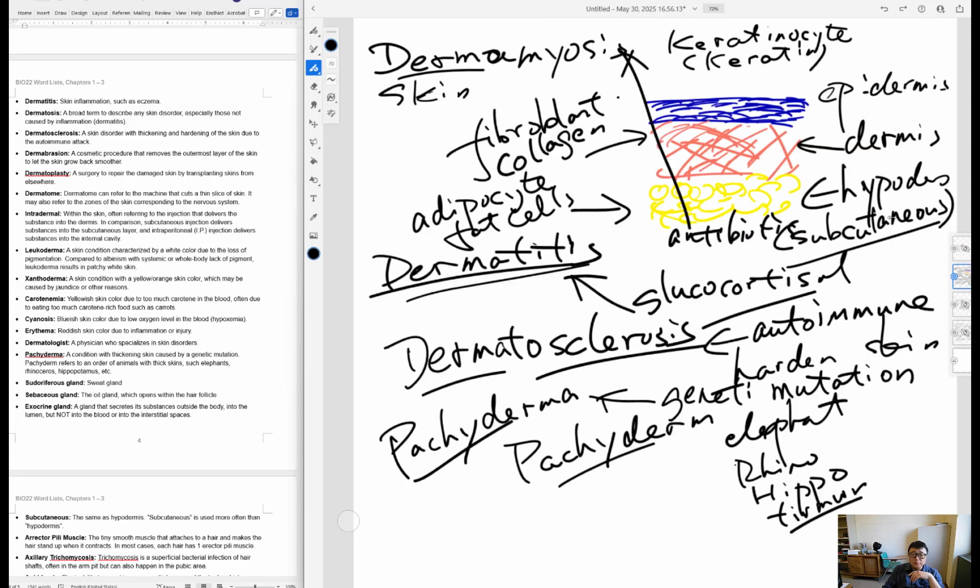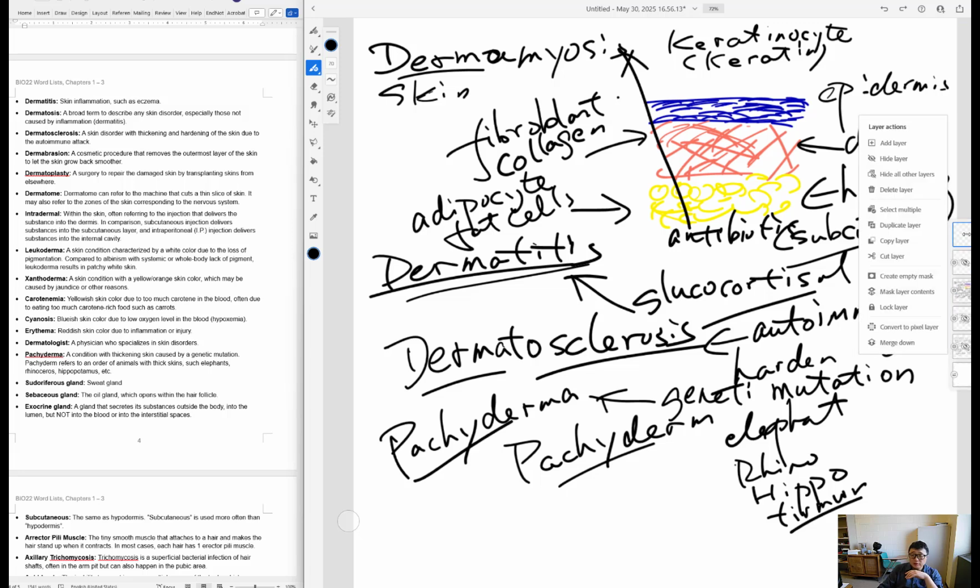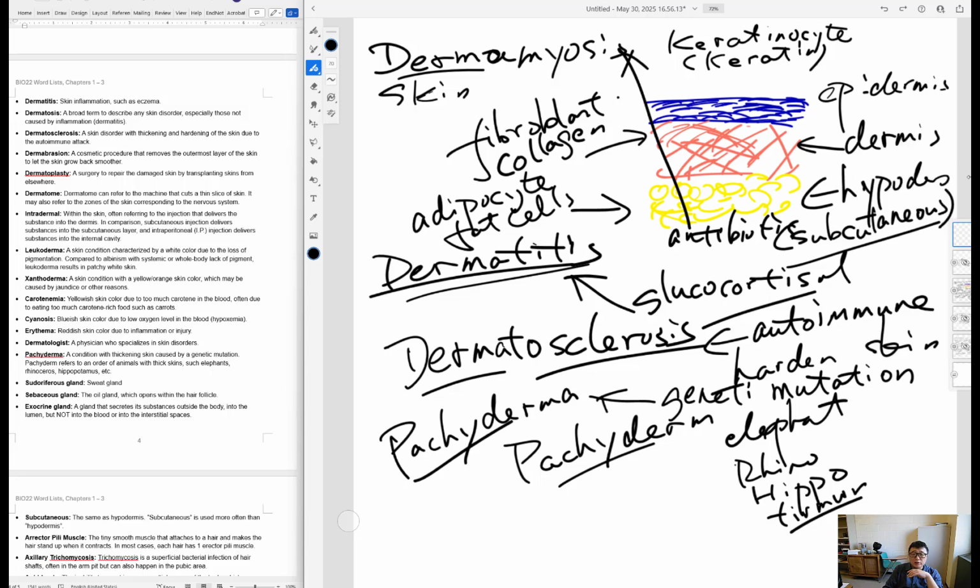So basically the needle comes all the way here, but never penetrates further. The intradermal injection should not penetrate the dermis.